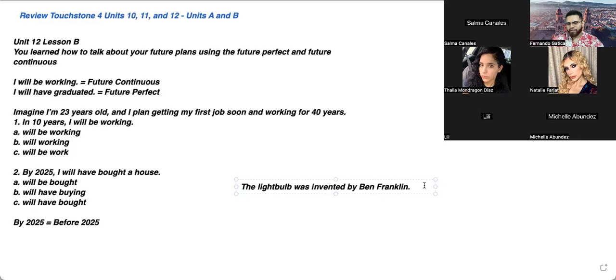A ver, déjame buscar un ejemplo. Aquí hay uno. Momentito.